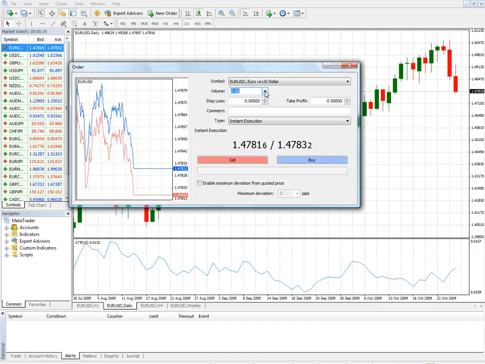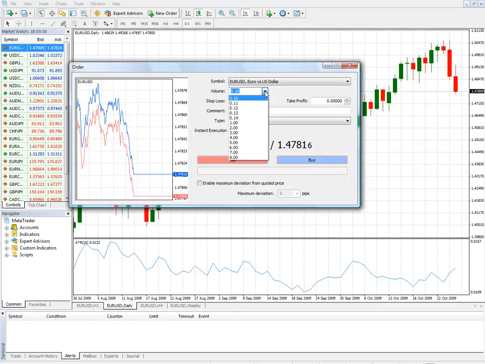But as you can see here, we can control our risk with virtually any account size, as long as the broker you're using allows flexibility in the size of the trades that you place.